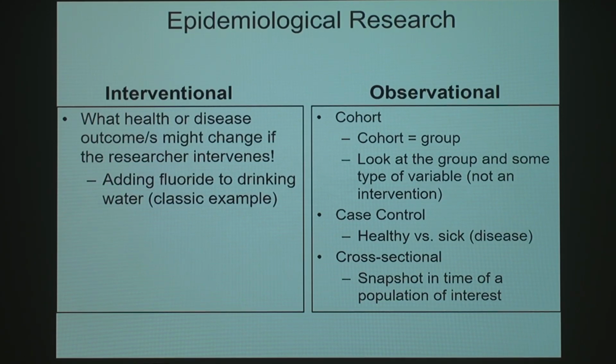That's why fluoride is still given now. I had my teeth cleaned yesterday and they put a whole bunch of fluoride on it. That was one of the first major studies done on the population scale that looked at an actual intervention and found significant results that are still used today. So, any questions about the different types of medical research?